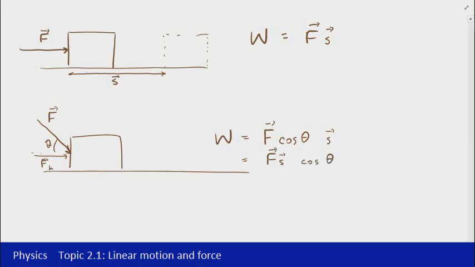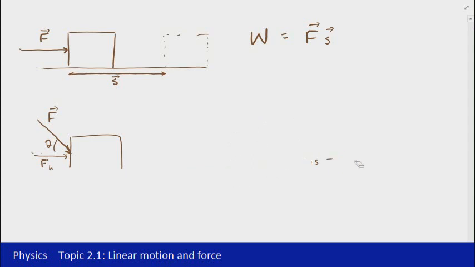And in vector notation, if you look at the way that it's covered in mathematics, you'll notice that that's the dot product of the two vectors. But just as a side note there, so you can tie that in to make a bit more sense of what's going on if the force is not in the same direction.